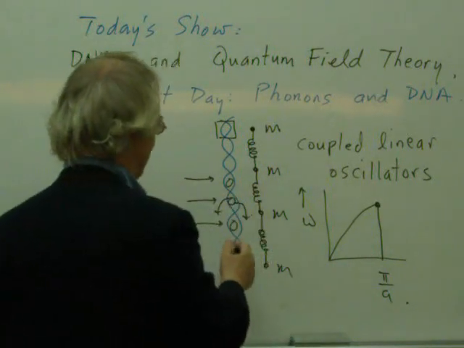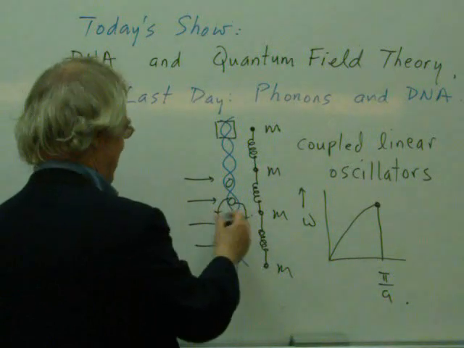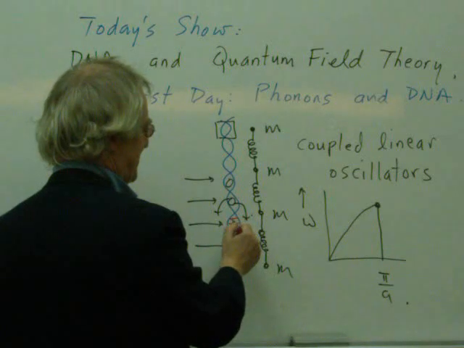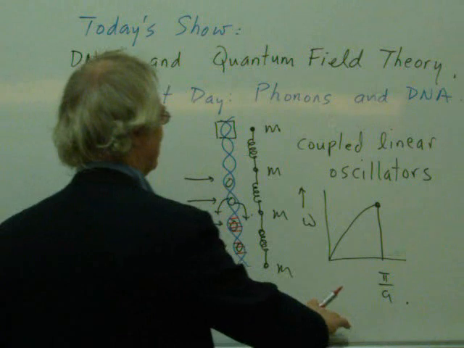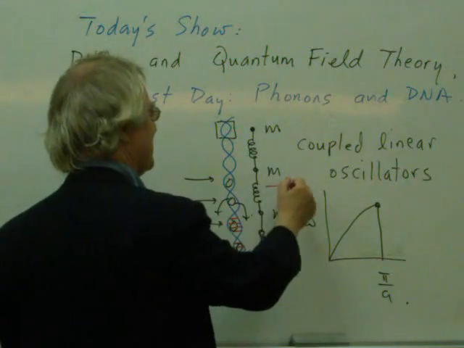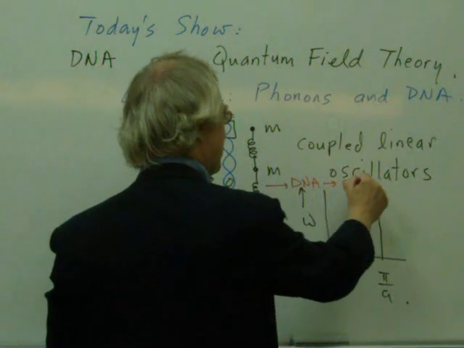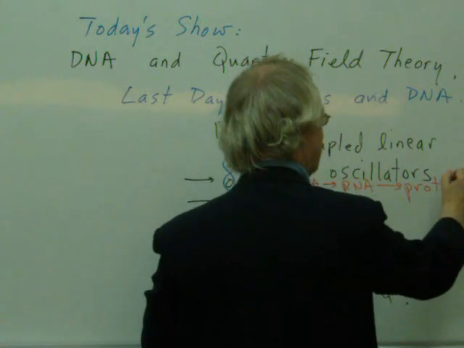Well, the particles in this compound go in and replace these base pairs, and then the thing begins to vibrate. And then, because it is vibrating again, you have this DNA, RNA, protein. See?